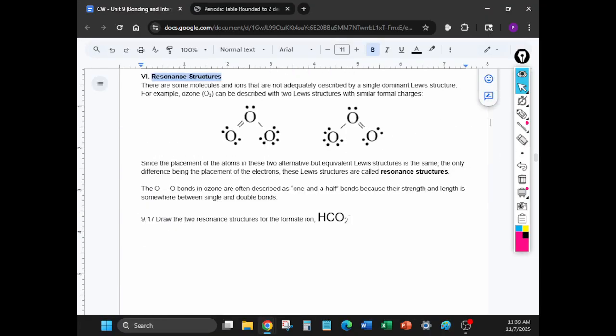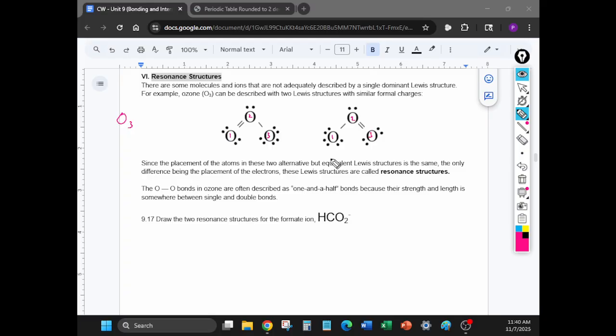O3 ozone right here. There are two different ways to draw it. Now, I'm going to call these oxygen 1, 2, and 3. If you look at these two different structures, you see how there is a double bond between 1 and 2, and a single bond between 2 and 3. Well, we can also draw a very similar structure, but the double bond is between 2 and 3 rather than 1 and 2. If you calculate the formal charge for this, it would just be reflections of each other.